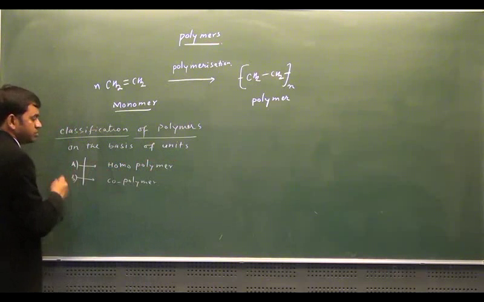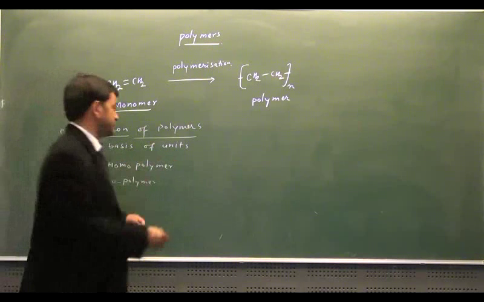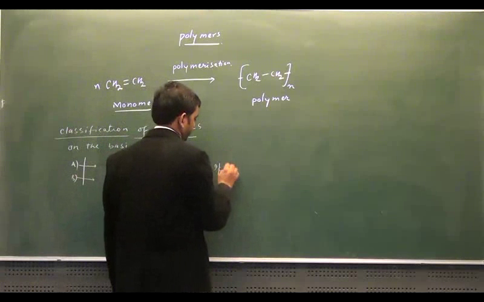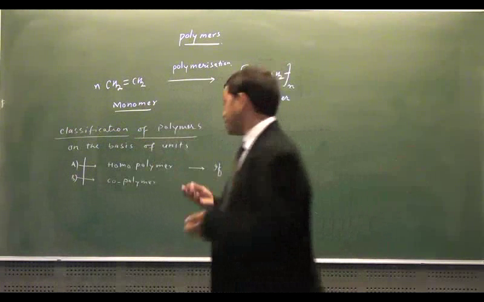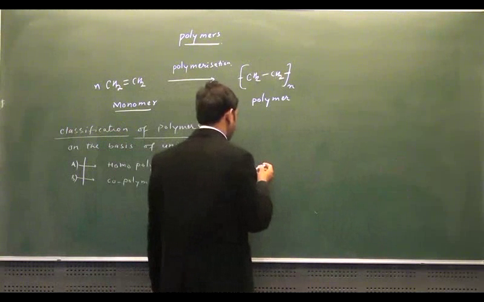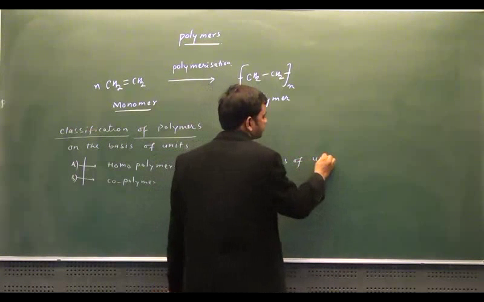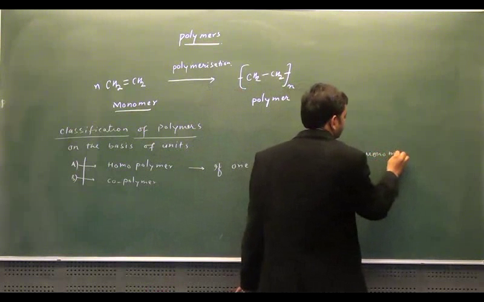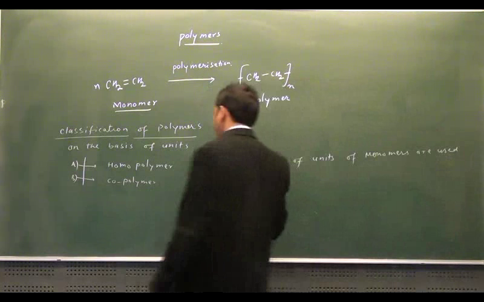If only one type of unit is repeated, that is, only one type of monomer is used to form the polymer, then it is called a homopolymer.